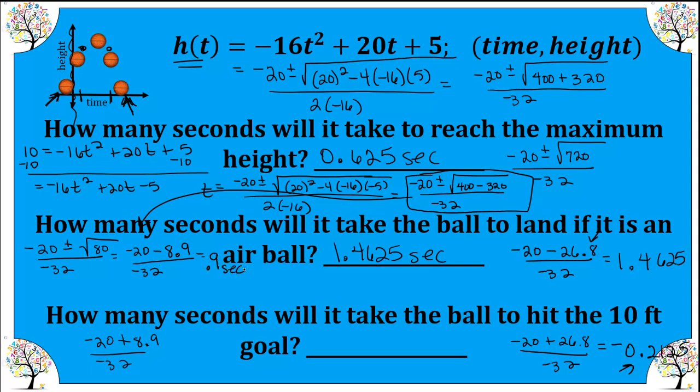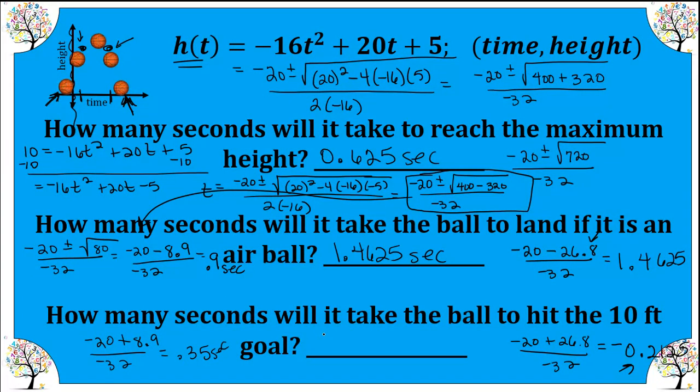And then let's calculate this one: negative 20 plus 8.9, and then divide that by negative 32, and we get about, I'm going to round it to, 0.35 seconds. So the 0.9, almost a second, would be this one here, and 0.35 seconds would be here.